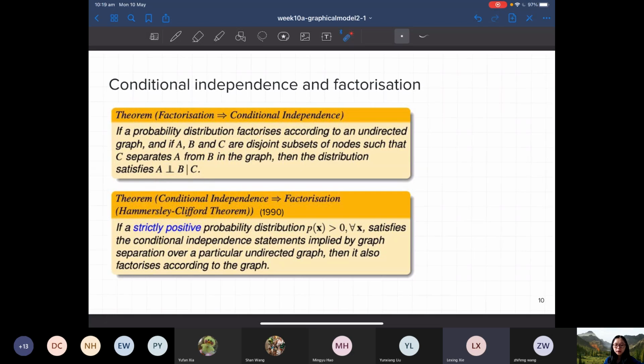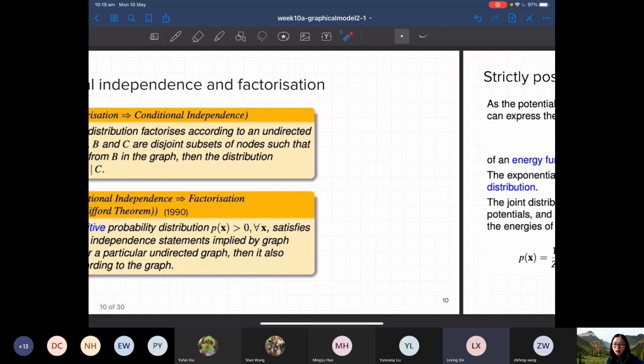On the other hand, a strictly positive probability distribution that satisfies the conditional independence also factorizes according to the graph. This is called the Hammersley-Clifford theorem, done in the 1990s.